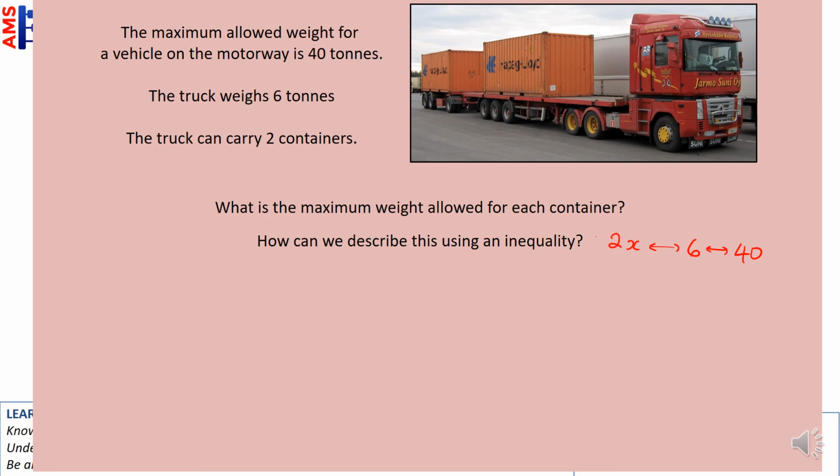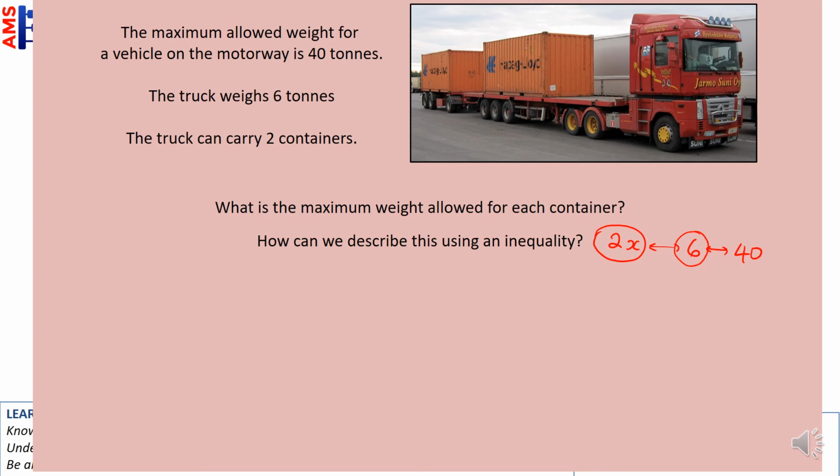So the weight of the containers, 2x, plus the 6 tons of the truck should not pass 40 tons, right? So either it's going to be exactly 40 tons or less than 40 tons when we check the weight of the containers and the weight of the truck.